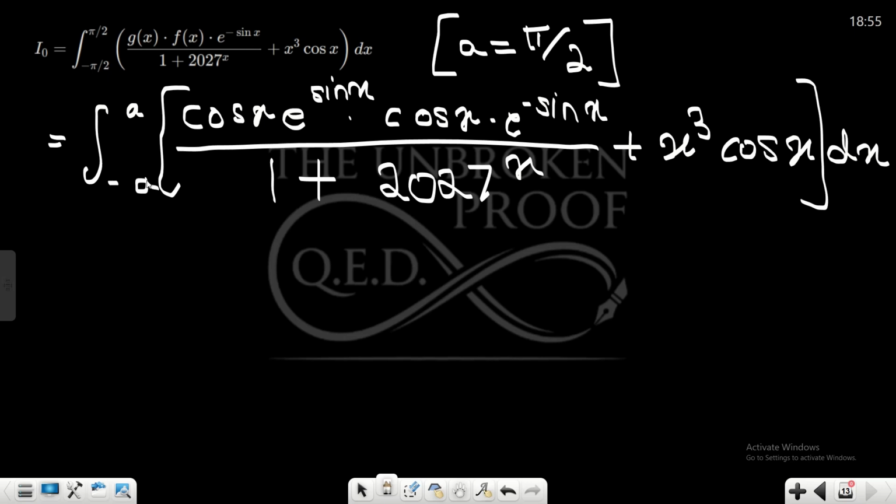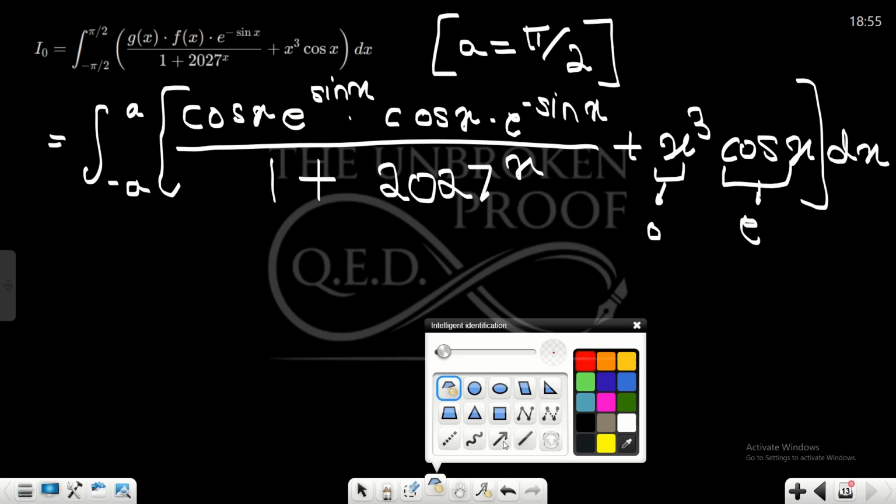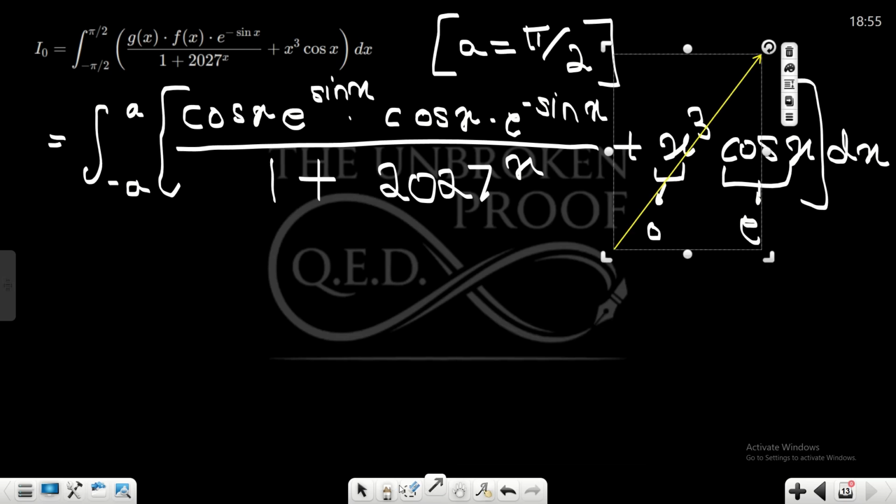Now if I apply the King's rule to the second term, you will see that it is going to be 0, because x cube is an odd function and cos x is an even function, and hence this entire term is going to be 0.